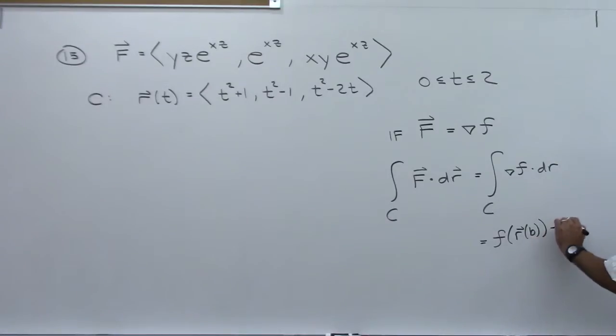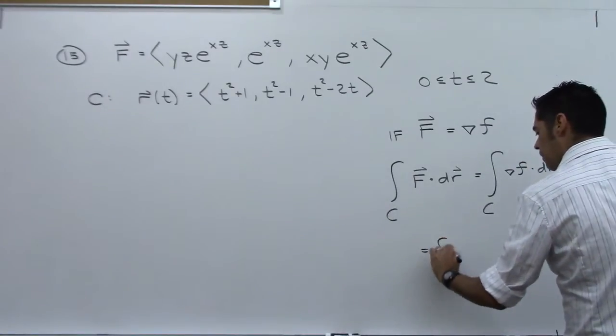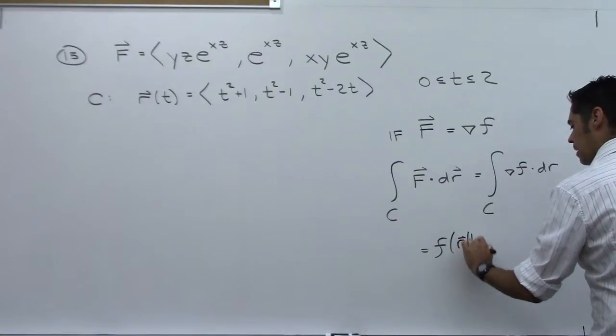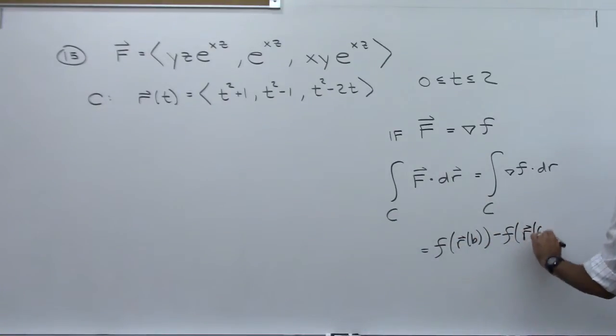So this is equal to f of r of b minus f of r of a.